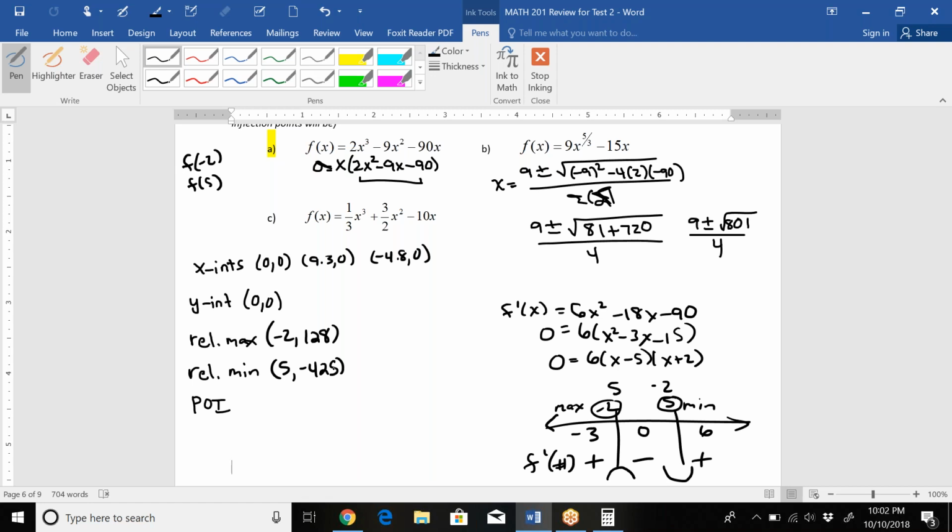I think, was there a typo on the answer key? Oh, no. She had that on the answer key. Those didn't factor nicely. Because I'm double checking that as we go. Did I improperly do my derivative? Let me double check real quick. So 2 times 3 is 6, x squared minus 18x minus 90.